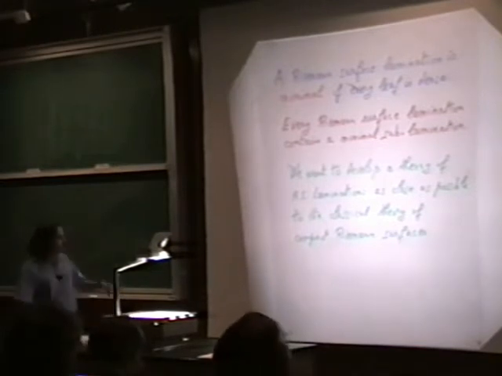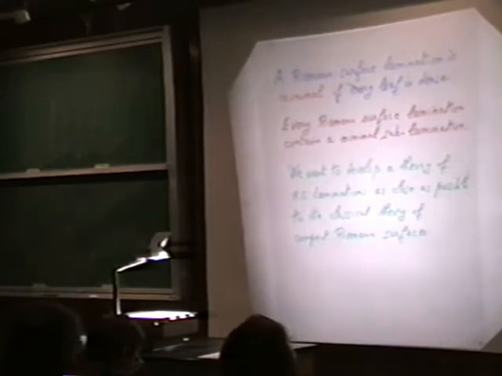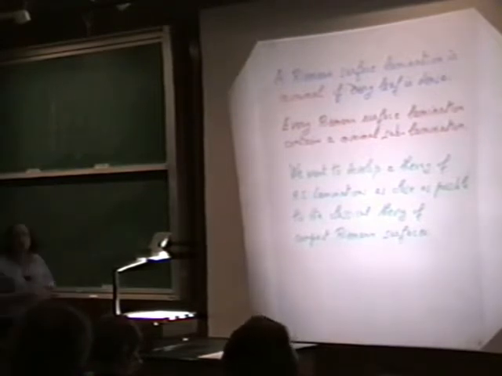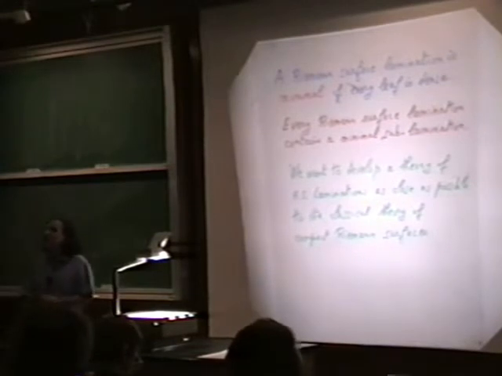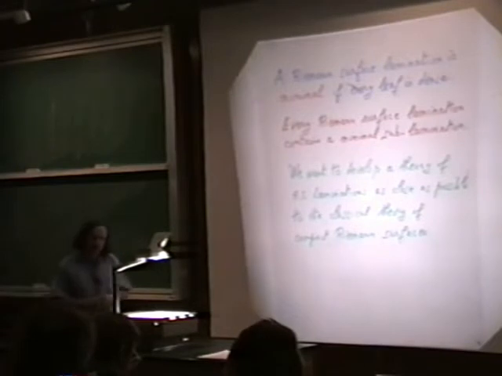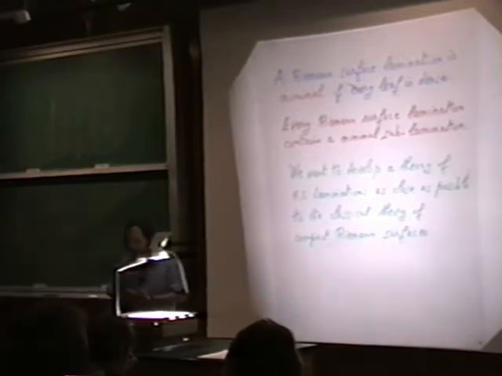So the general purpose of the talks will be to try to understand and develop a theory of Riemann surface laminations as similar as possible to the classical theory of Riemann surfaces. That's the general purpose. Now, what is classical Riemann surface theory?